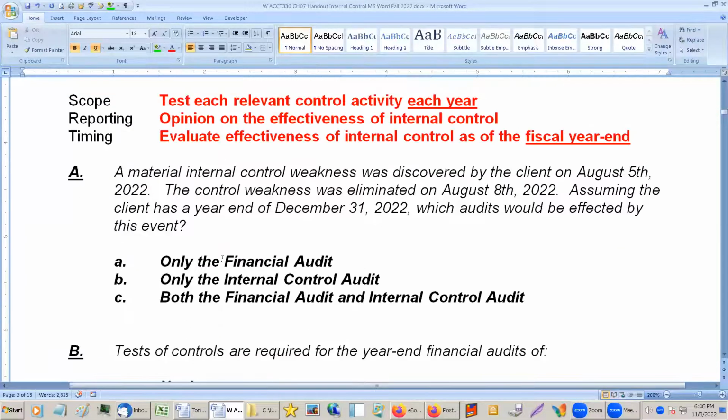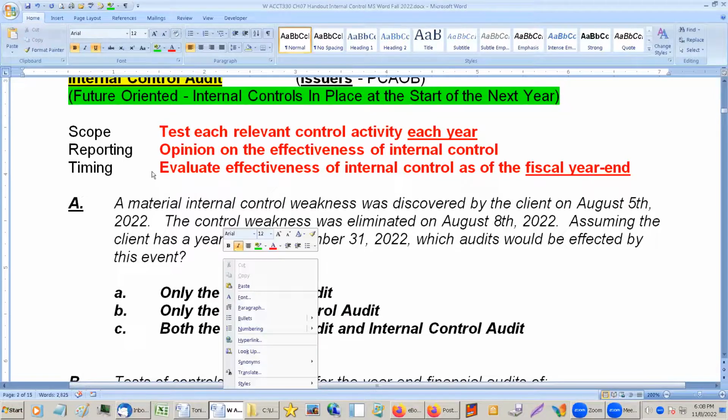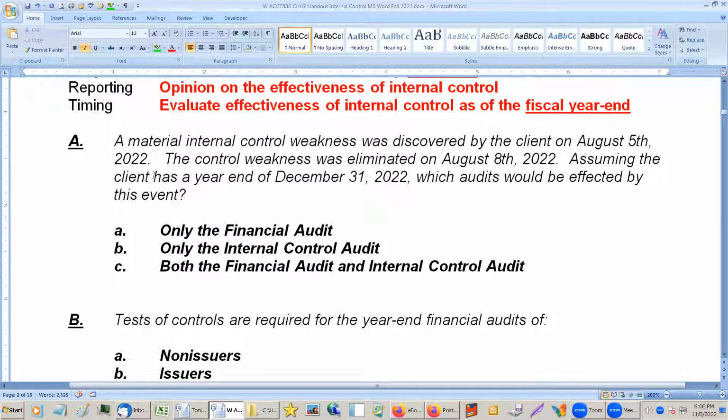Okay, let's go to A. The material internal control weakness was discovered by the client on August 5th. The control weakness was eliminated on August 8th.